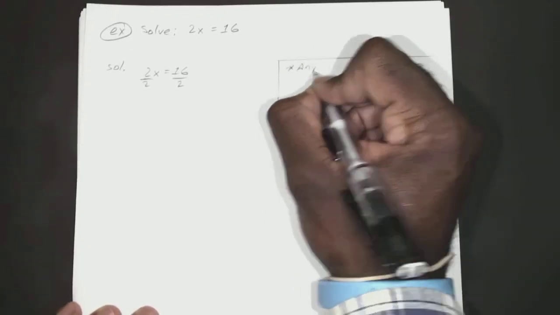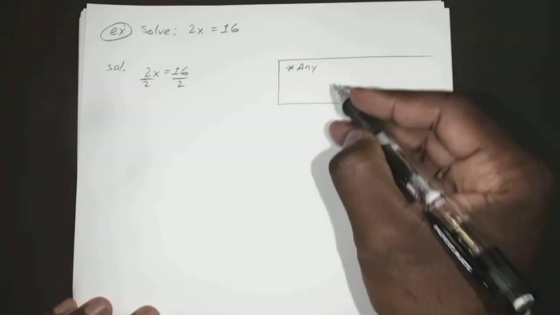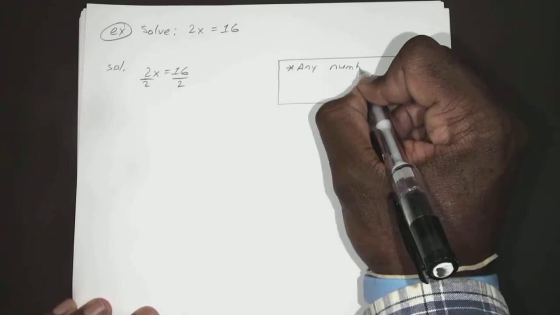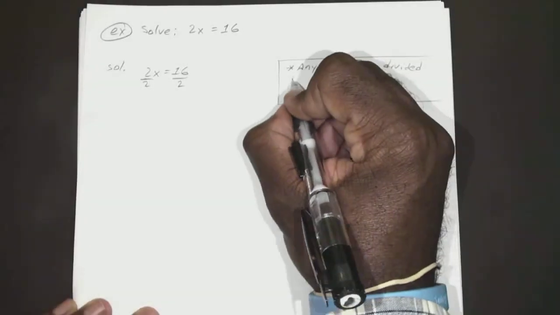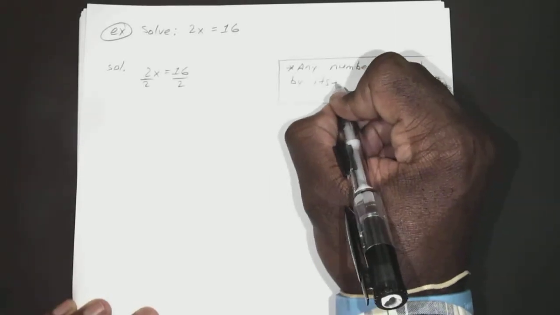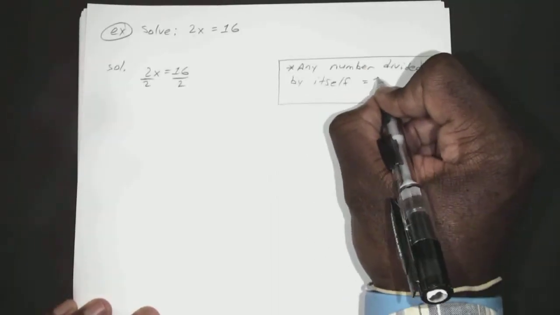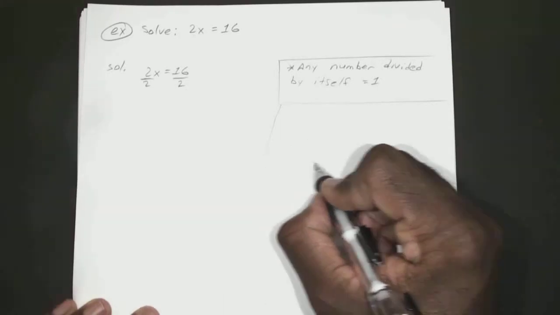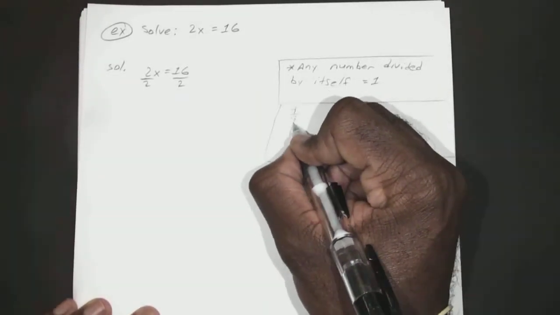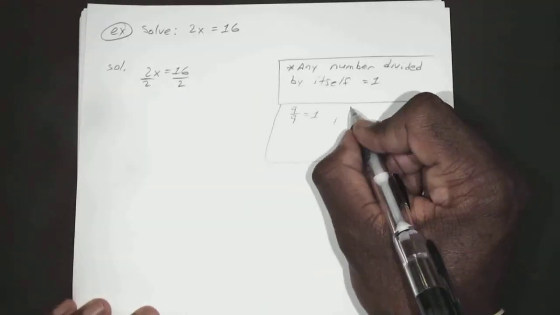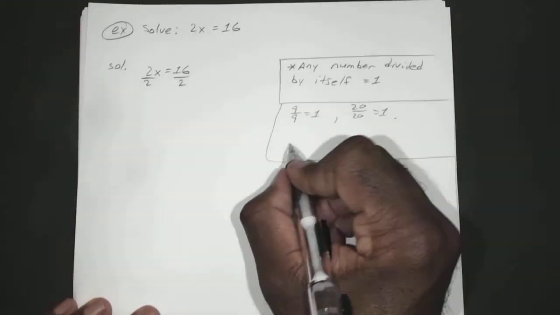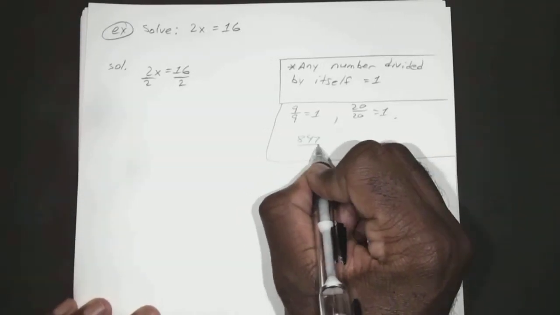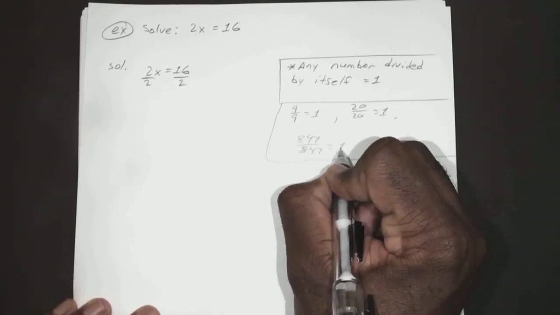Remember, any number divided by itself is just going to equal 1. So if you have 9 divided by 9, that's going to equal 1. 20 divided by 20 is going to equal 1. 847 divided by 847 is going to equal 1.